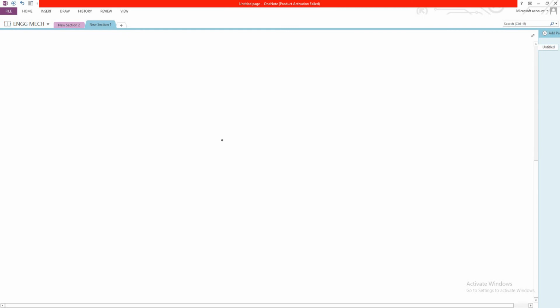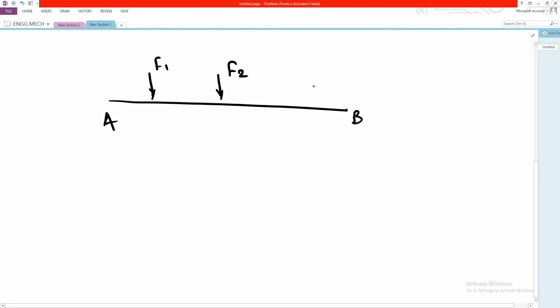Now let's say we are given a beam AB, then force F1 is there, F2 is there, and let's say F3 is there.